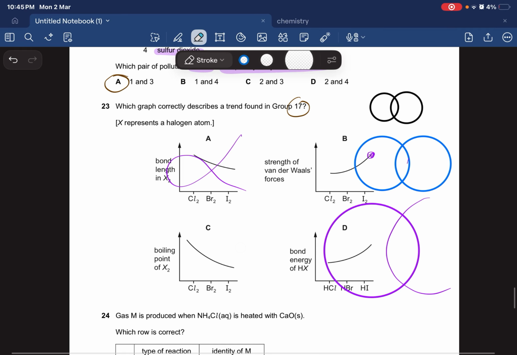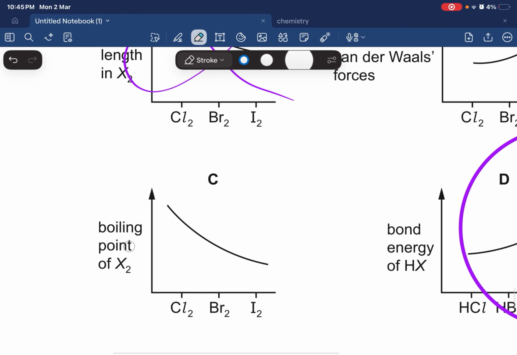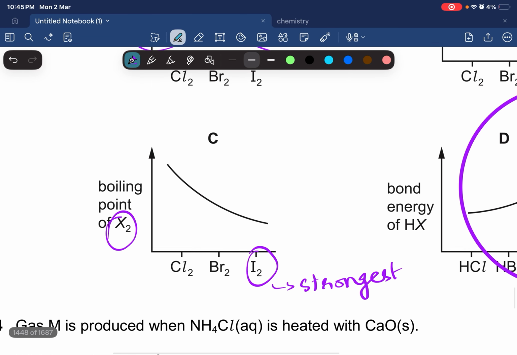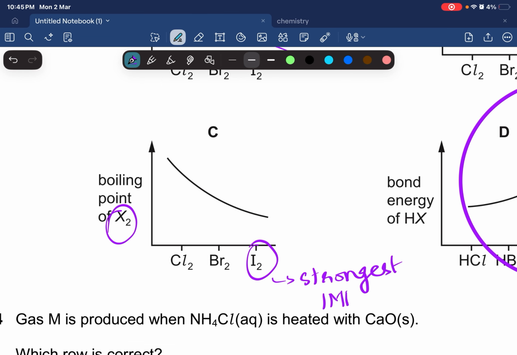Let's see other things as well. Boiling point of X2. The highest boiling point is going to be of iodine because iodine has the strongest IMFs. And what kind of IMFs does iodine have? It has van der Waals forces. And why does it have the strongest?